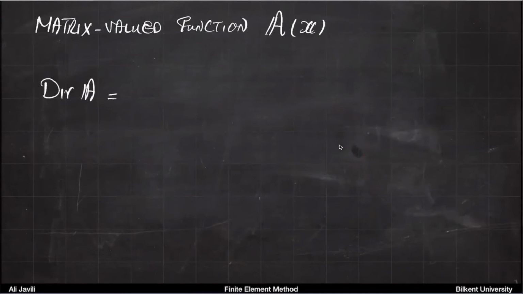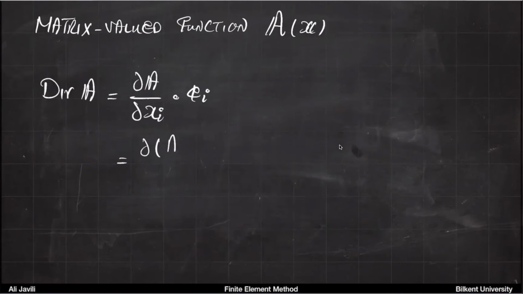And in this case, we are interested in the divergence operator on A. The divergence operator on A would be, again, similar to what we defined as a unified way of the divergence operator: simply this dot product, the derivative of A with respect to xi dot ei. Then that would be the derivative of A itself. Remember, it can be expressed like this.